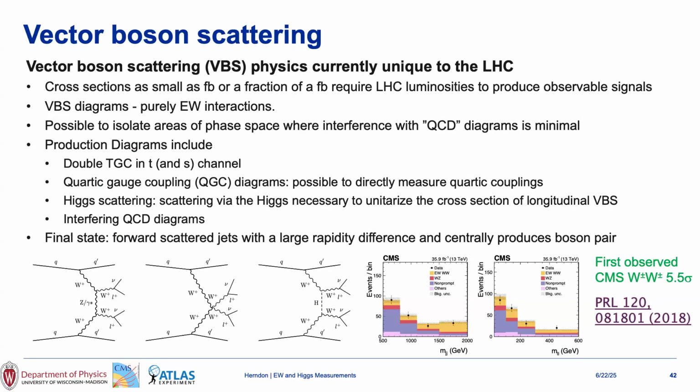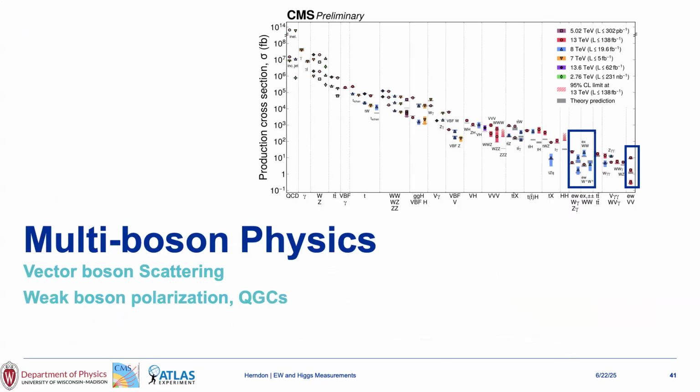All right, let's go back one from yesterday. From the beginnings of multi-boson physics, we talked about diboson, the simple production of dibosons, and the same for tribosons. That's not actually the most interesting area of multi-boson physics. The most interesting area, I'd say, is vector boson scattering.